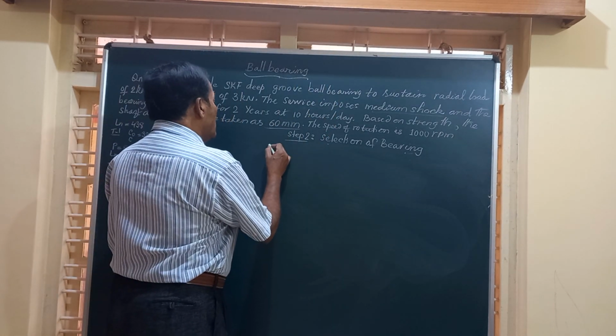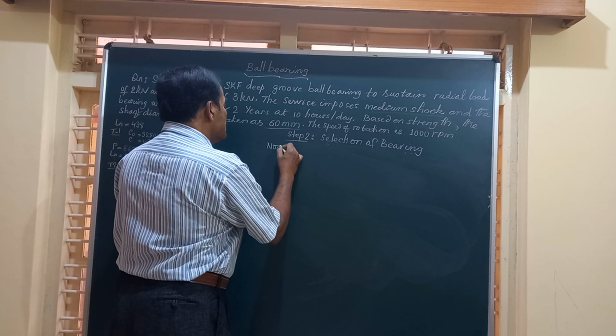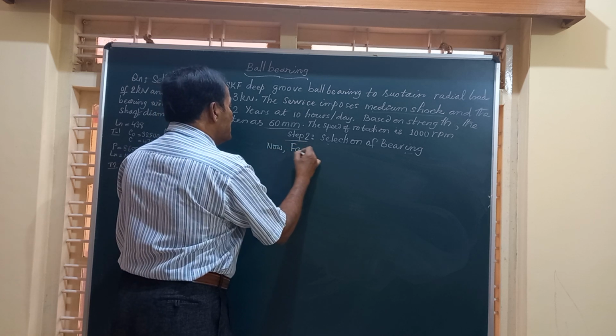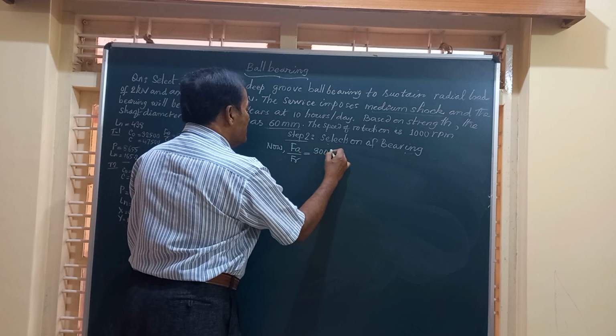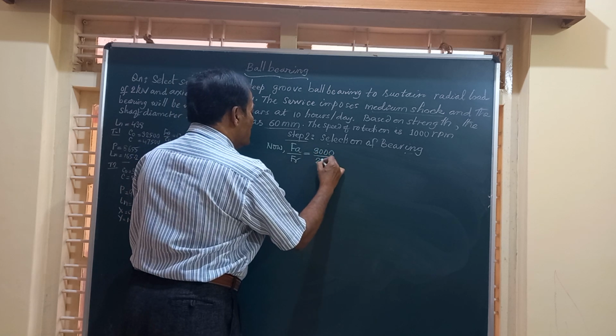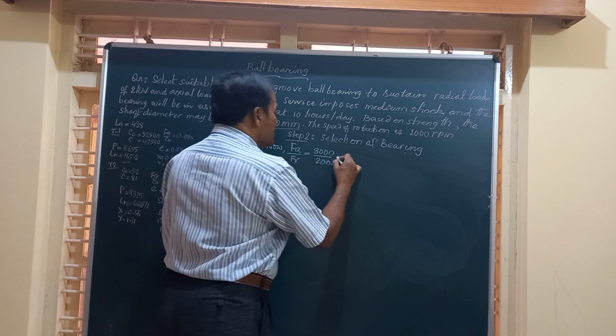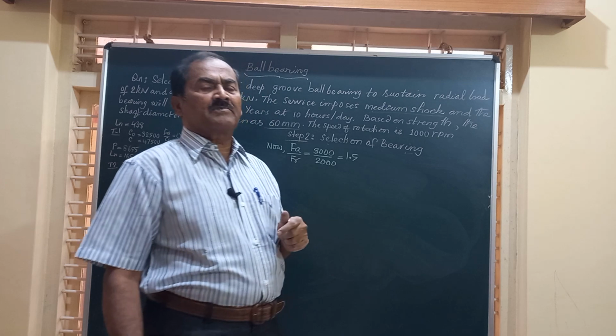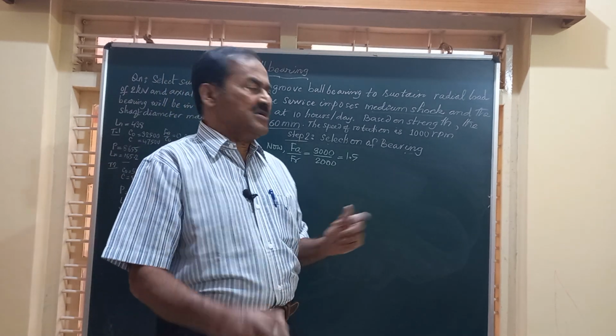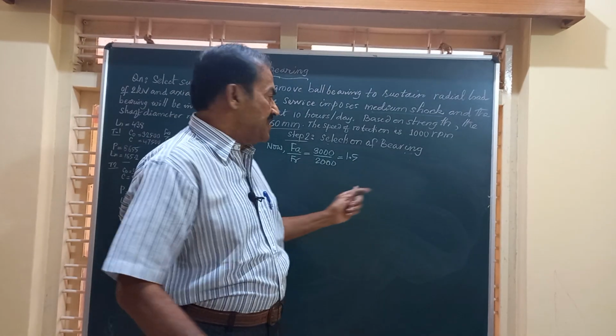Right now, FA over FR is 3000 divided by 2000, which is equal to 1.5. Ratio is 1.5. Now to get X and Y, you have to compare this with E.